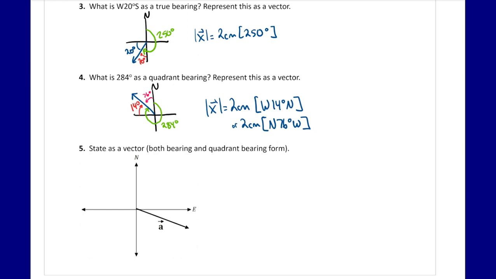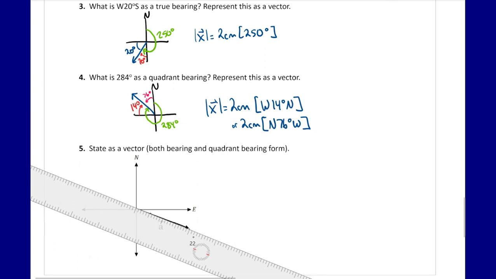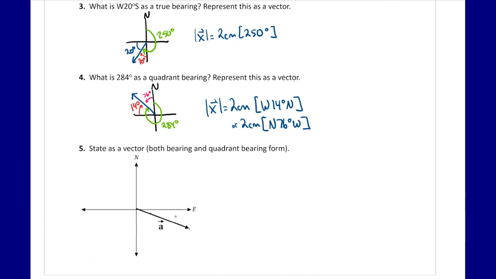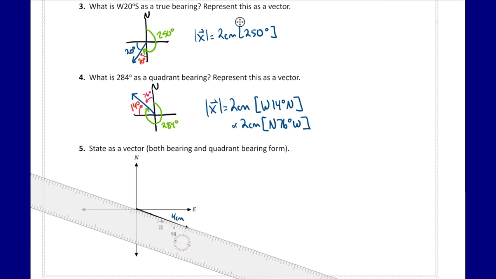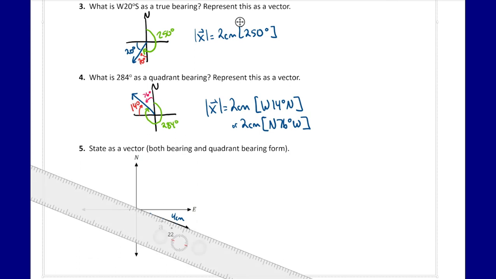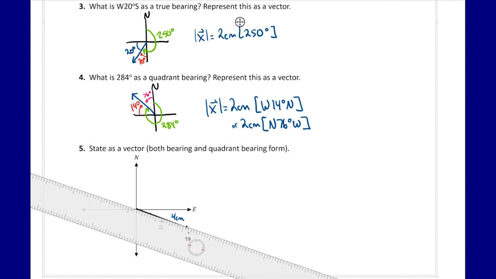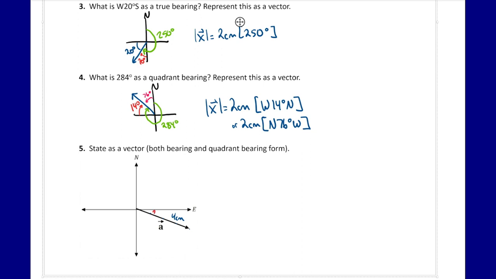State the following as a vector, in both bearing and quadrant bearing form. Again, I need to measure it, roughly, based off of my markings. So we'd say 1, 2, 3, say 4. So this is 4 centimeters. I need my angles. First, I'm going to get the angle from basically east, so I have to go down. What's the angle here? Looks like about 20 to 22. I'm going to say 20 again, just to make it easier. So 20 degrees.